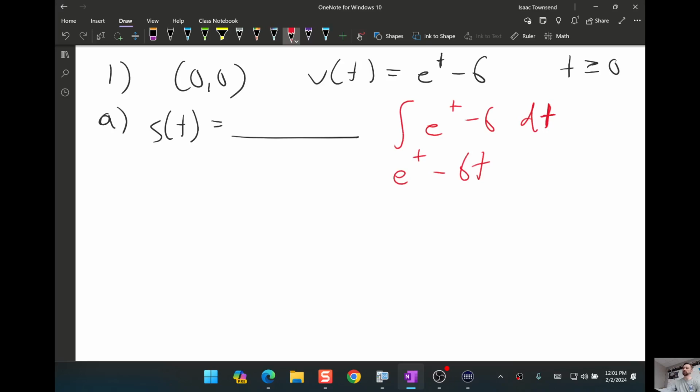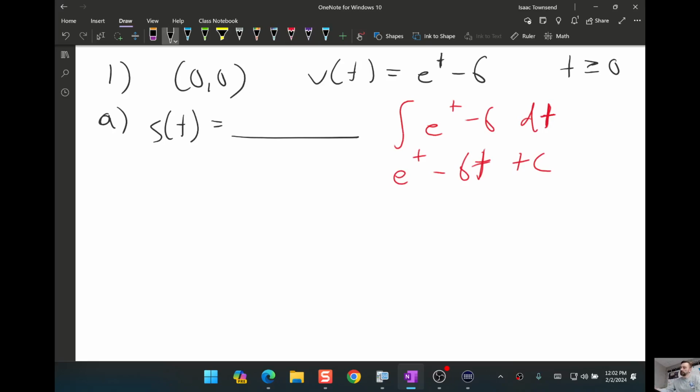Okay, yeah. So I kind of have postponed on talking about this too much, but this dt is important because otherwise you don't know if this is negative 6x, negative 6t, negative 6q. This dt helps us know that t was the variable with that one. Okay, and then don't forget plus c, but we can do a little bit better than that because we have a point.